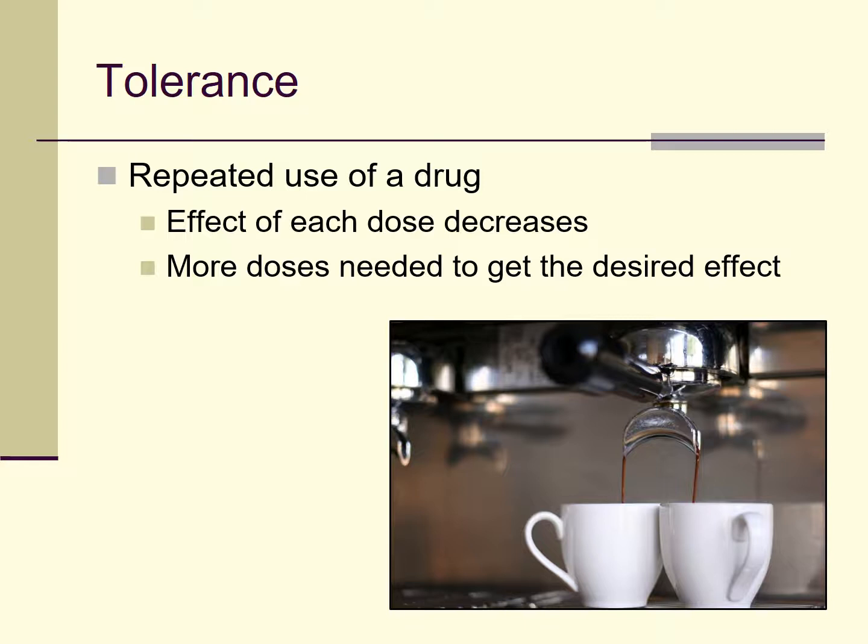Why is it the case that the body experiences a decreasing set of effects for a given dose of drug if that dose is given repeatedly over time? So we'll try and explore some of the types of tolerance in the next few slides, and also some of the mechanisms that lie behind them, so that hopefully this simple idea can be appreciated in its complexity, and you can get a bit more of an understanding of how it all works.